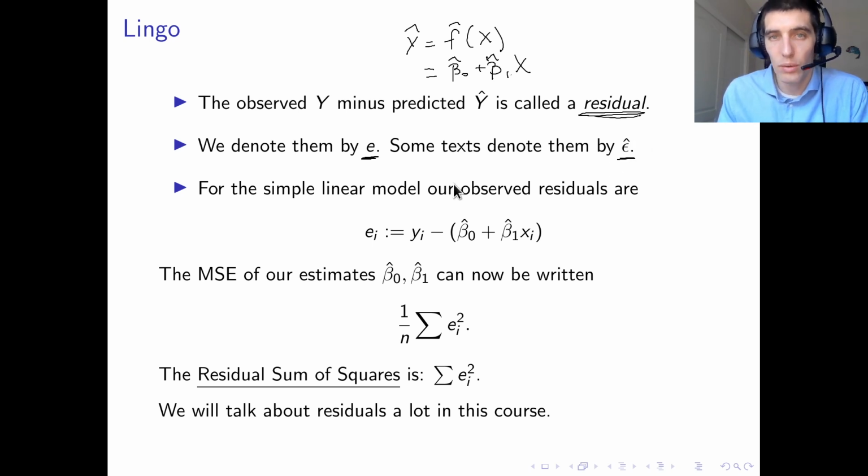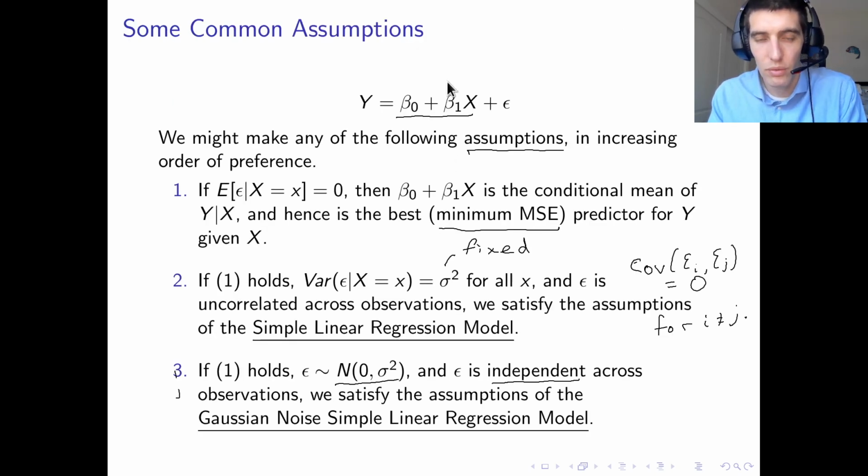If our estimates of the beta terms were right on, so our beta hats were equal to the betas, we could do y minus y hat and get exactly epsilon. But because we're estimating, we get y minus y hat, which is not exactly epsilon. We call it epsilon hat because we're plugging in our estimate there.